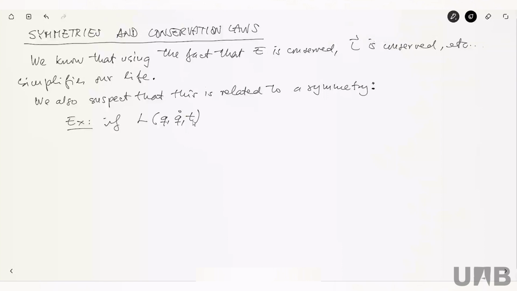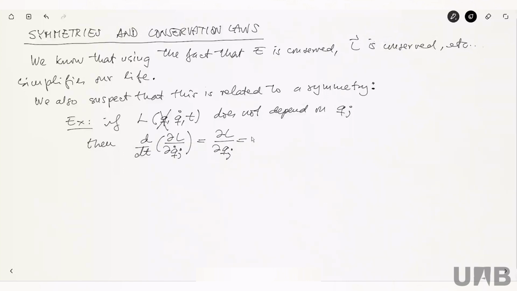If the Lagrangian, for some reason, does not depend on q, on a certain qj, okay, then since the derivative with respect to t of the derivative of the Lagrangian with respect to that q dot j has to be the derivative of L with respect to qj, and this is 0, it means that the derivative of L with respect to q dot j, which is nothing but pj, is constant.